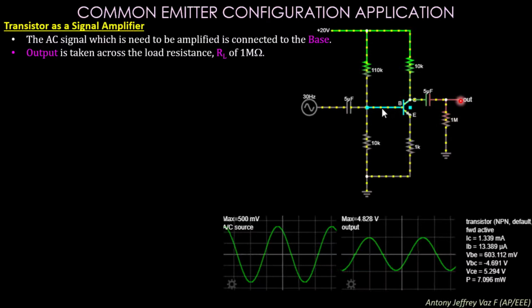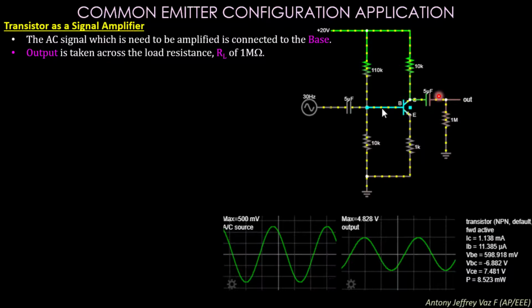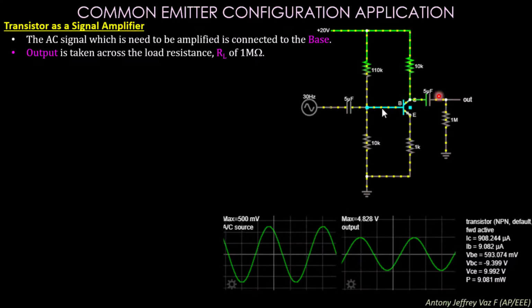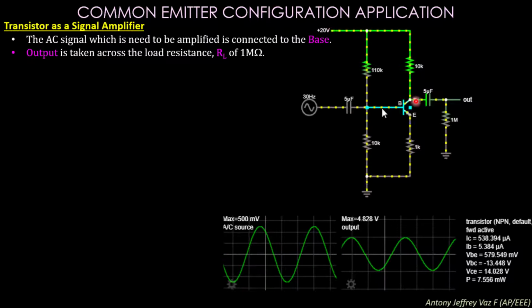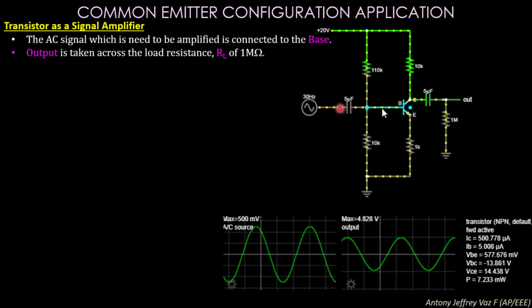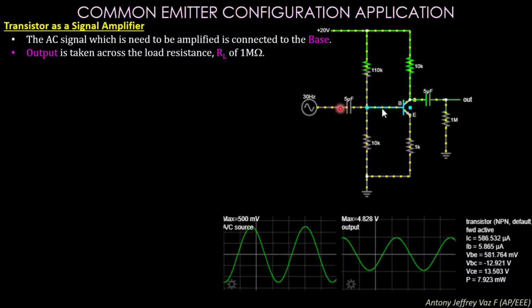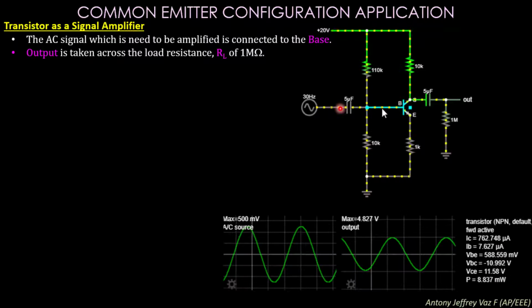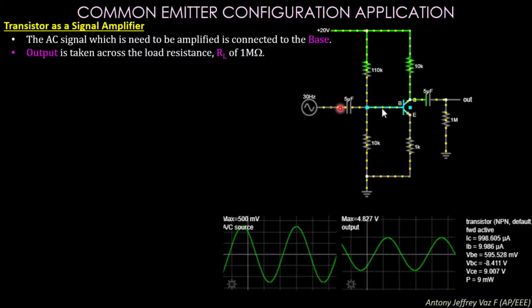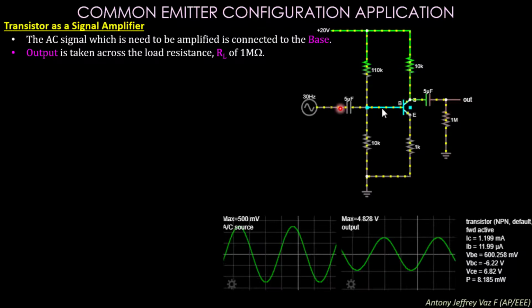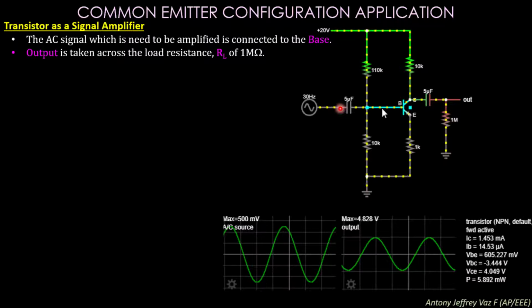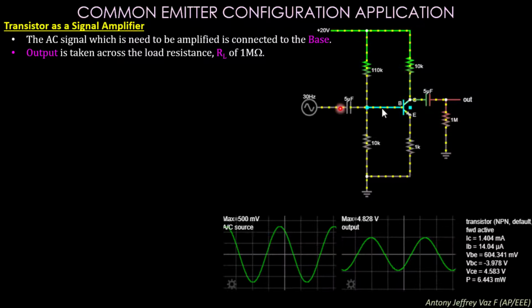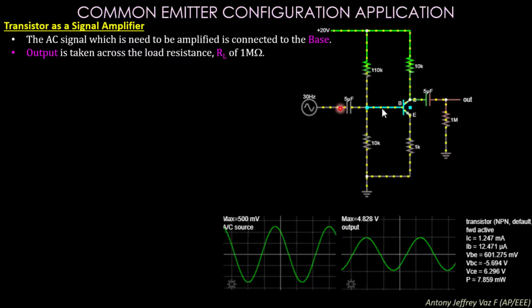Okay, so you may wonder why you are using a capacitor over here. The capacitor plays a major role because semiconductor devices are purely based on DC supplies. When you are using AC supplies with semiconductor devices, you need to block the AC supply and allow only the DC ranges.